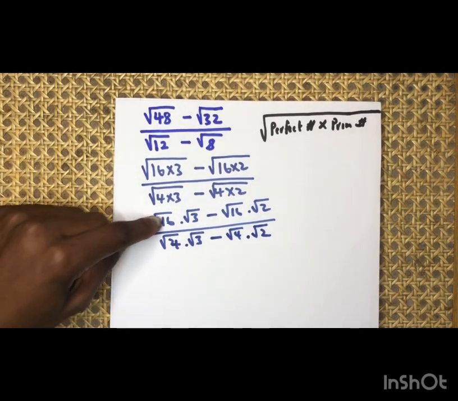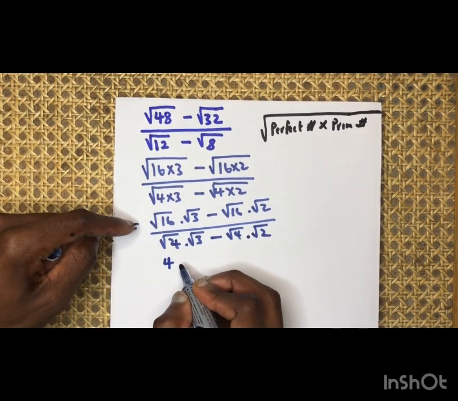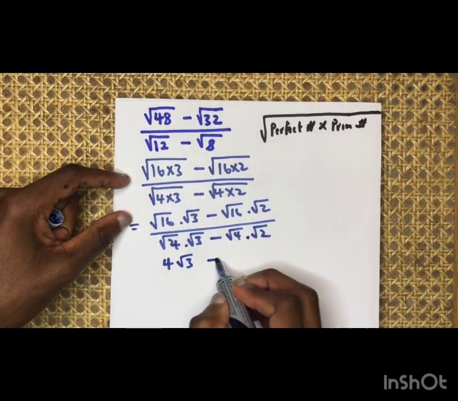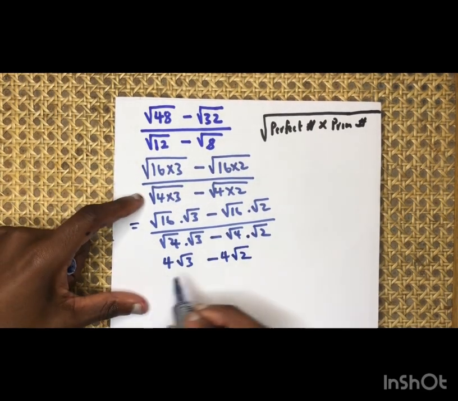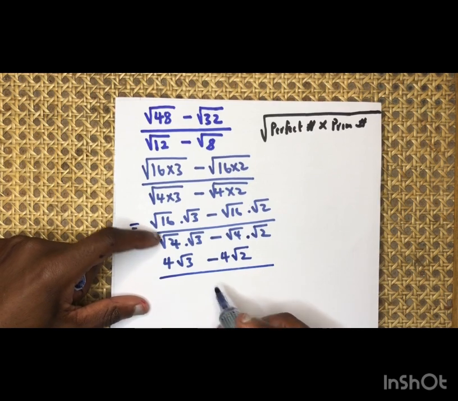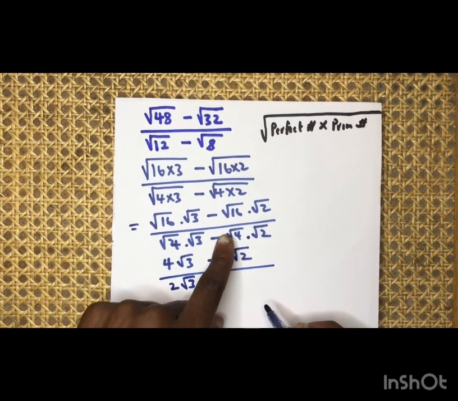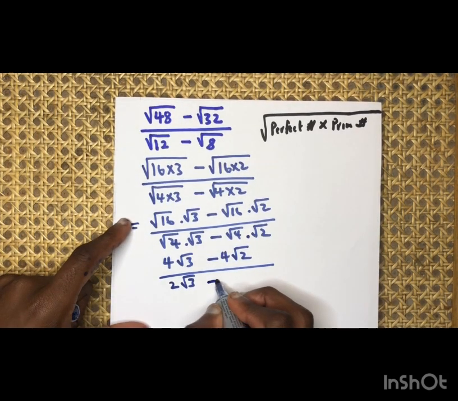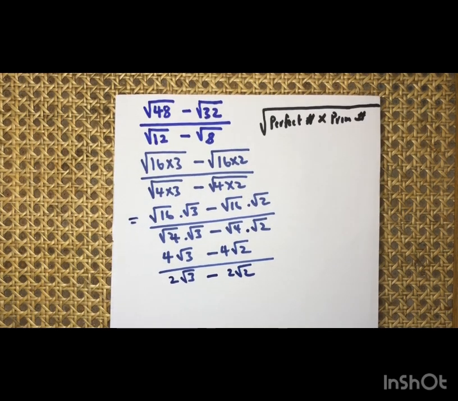Okay, so root 16 gives us what, guys? It gives you 4. 4 times root 3 is 4 root 3. Root 16 again gives you 4, then 4 times root 2. Root 4 gives 2, so 2 root 3. Root 4 times root 2 gives you what, guys? Negative 2 root 2.